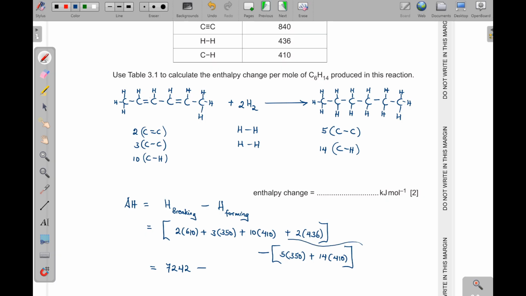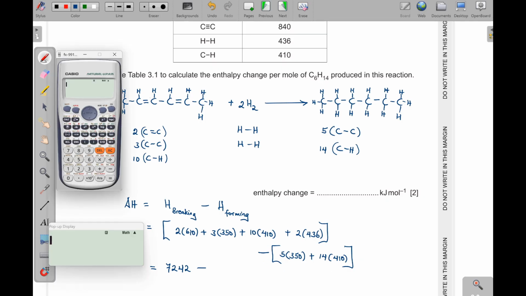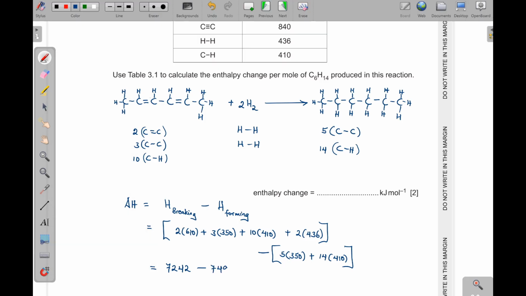Minus, then what is the total energy for formation of the bonds? 5 into 350. Then plus 14 into 410. This one gives us 7490.